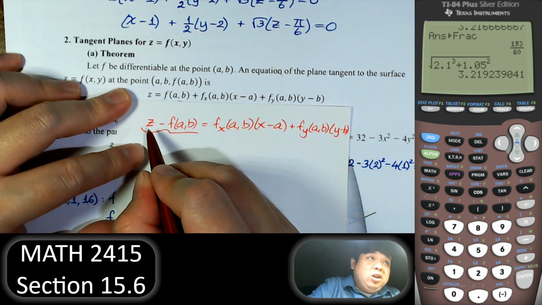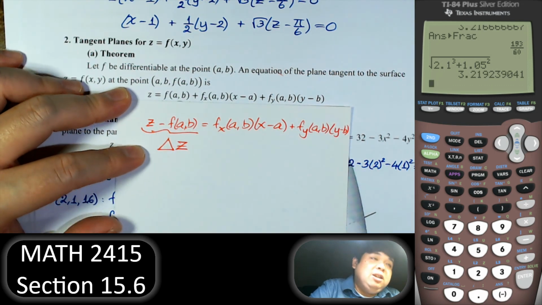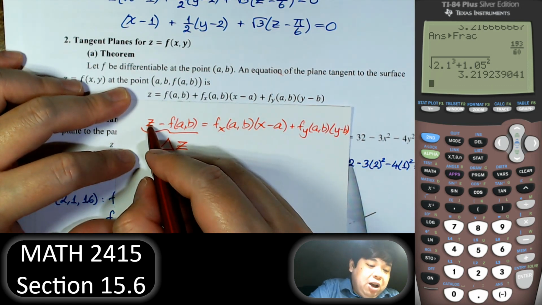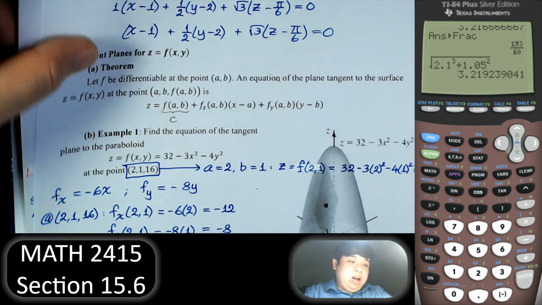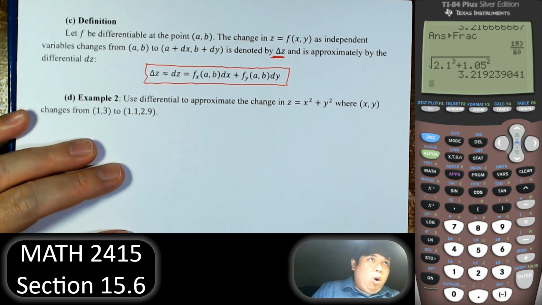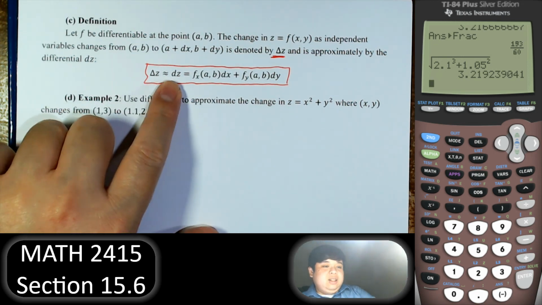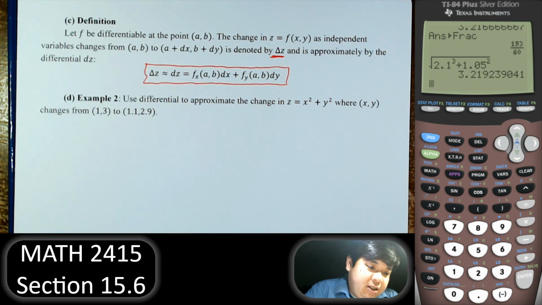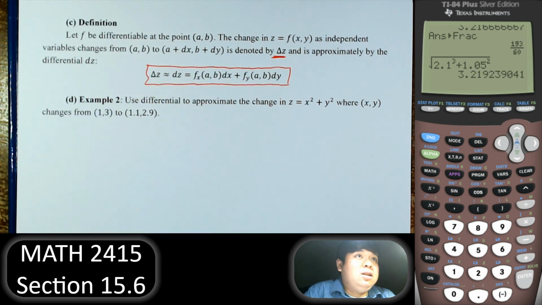This is the difference between z and another value of z, so this is delta z, the new values minus the old values, and that is exactly what we have for differentials. I mean the change in z given by that. So the differential dz is equal to that. Right, so simple enough, right?